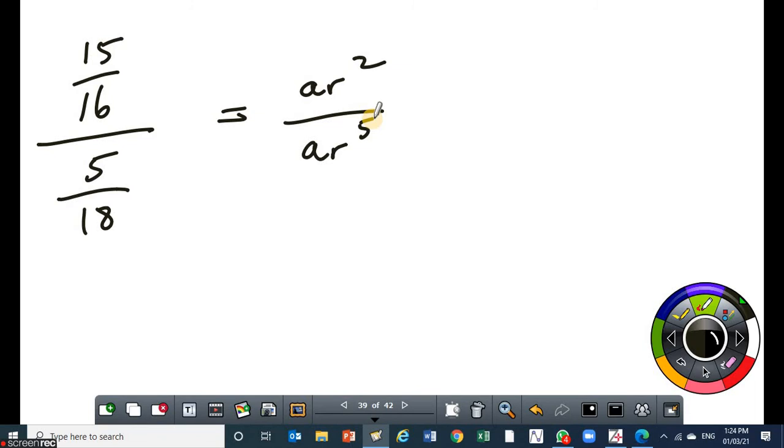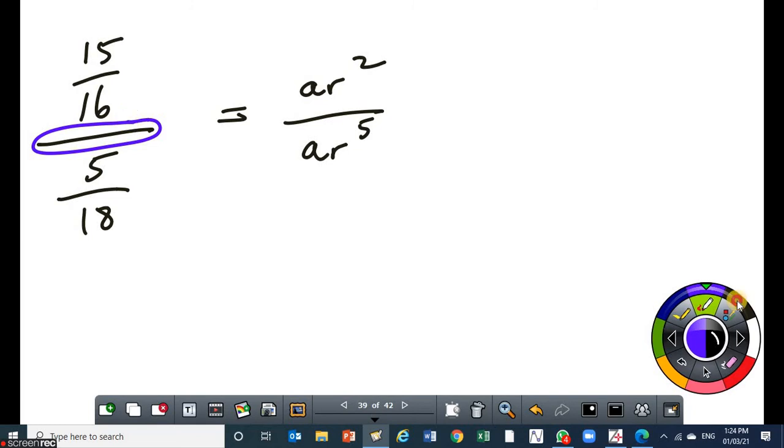Whatever I did on the left, I also did on the right-hand side. Please remember that your main division line is this one here, and we can replace that division line by a division sign to make things easier.